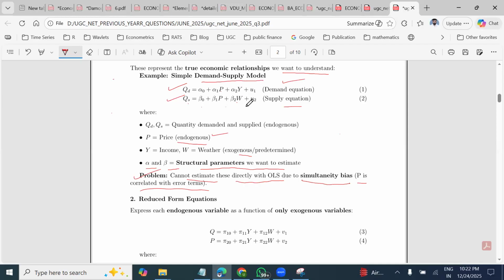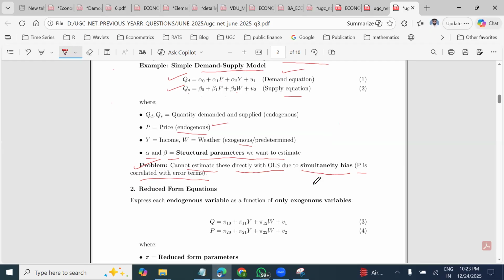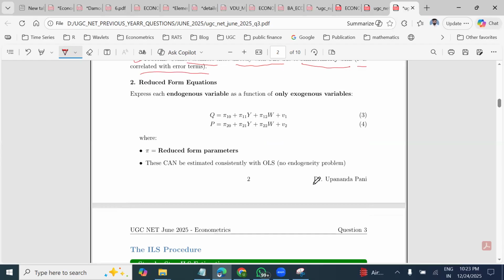Because there might be many other variables affecting both quantity demanded as well as quantity supplied, simultaneously. Are you getting it? So if you estimate it directly through OLS, there will be simultaneity bias because P will be correlated with the error term. Now what you have to do? You have to express each endogenous variable as a function of exogenous variables.